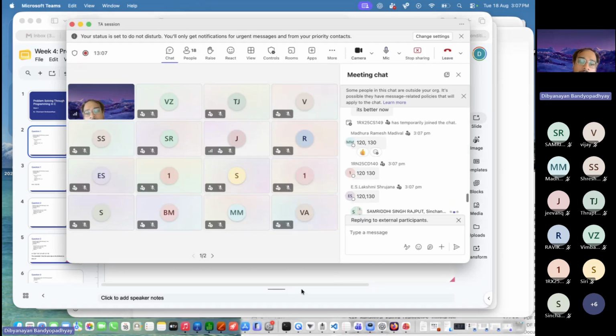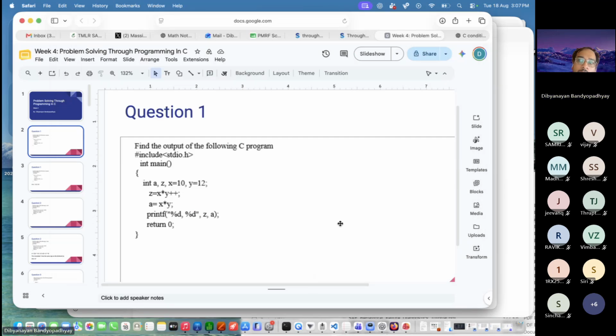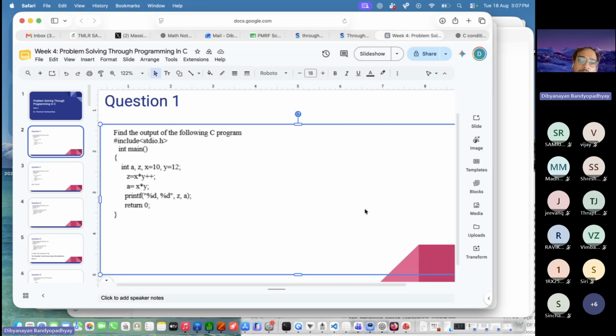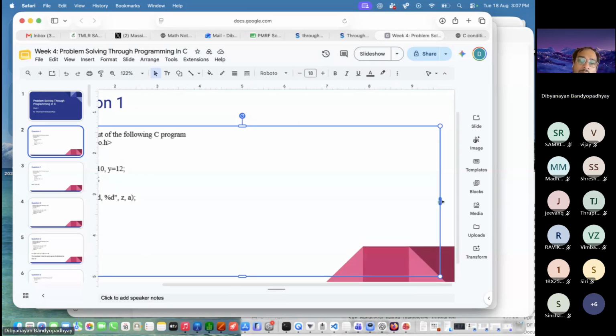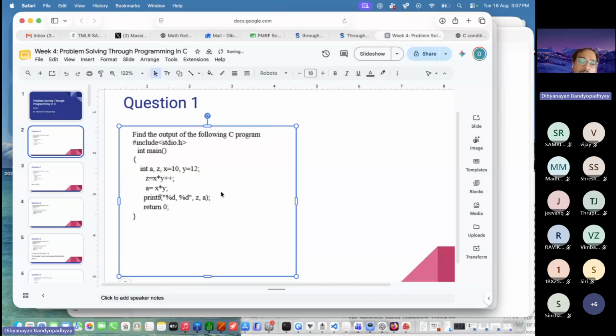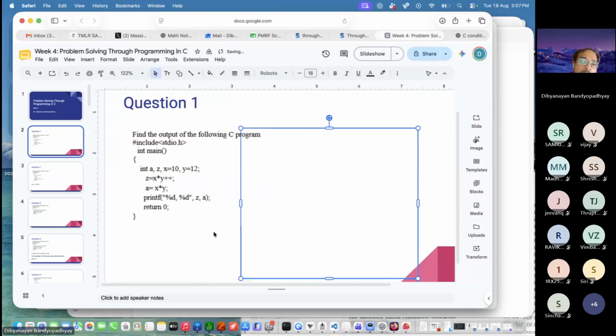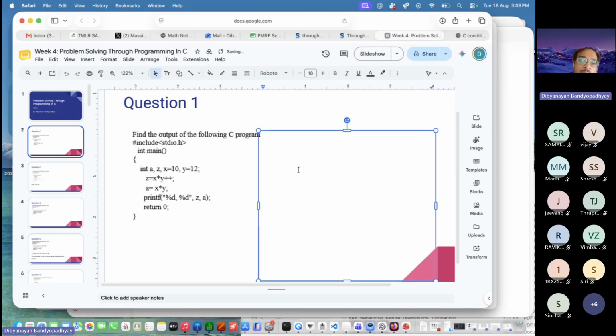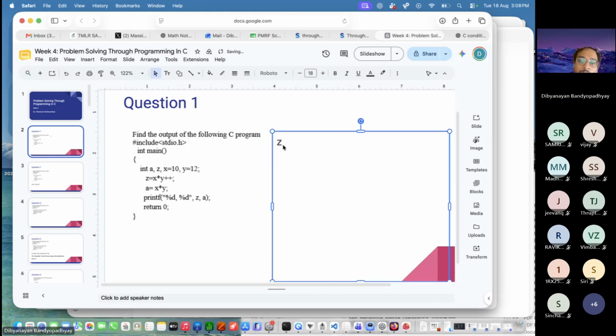Okay, so let me start to explain what is happening here. If you see the question carefully, there are these variables declared: int a, z, x, and y. And z is x into y plus plus.